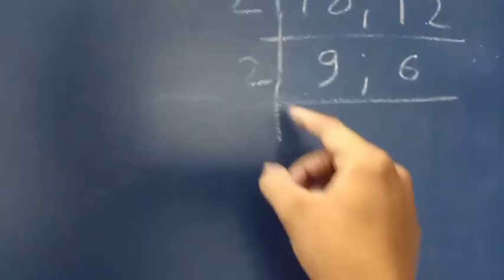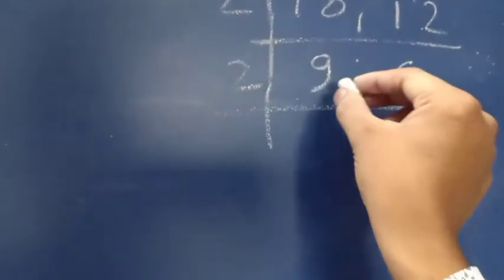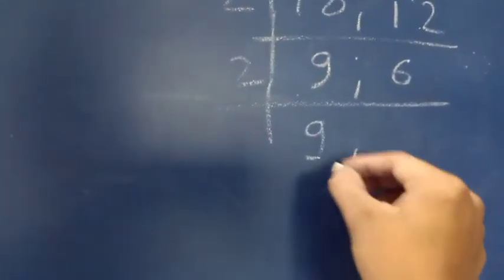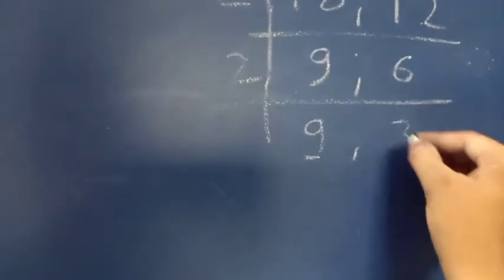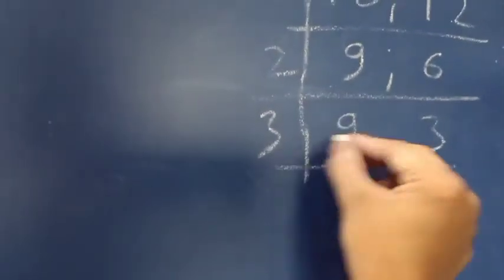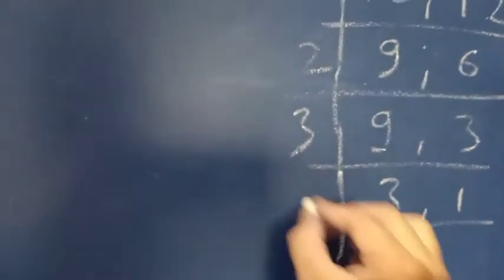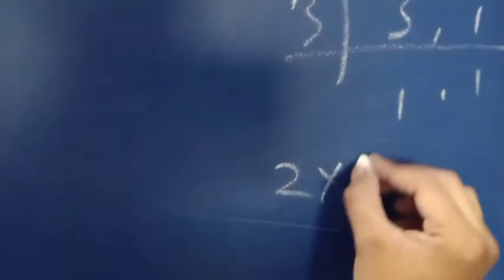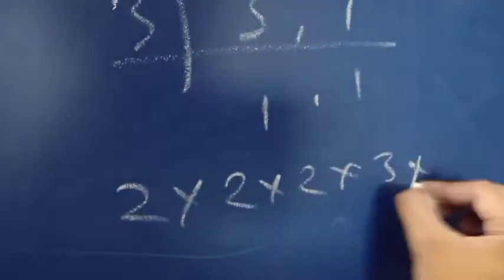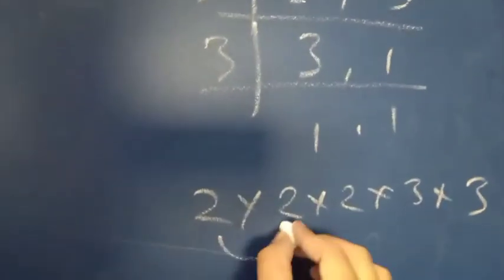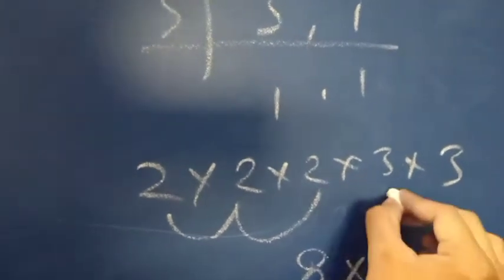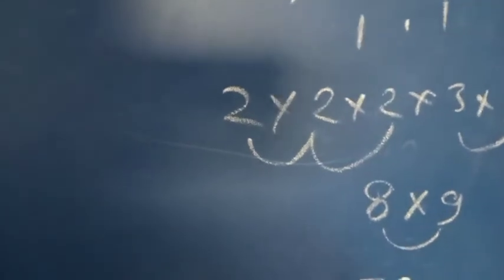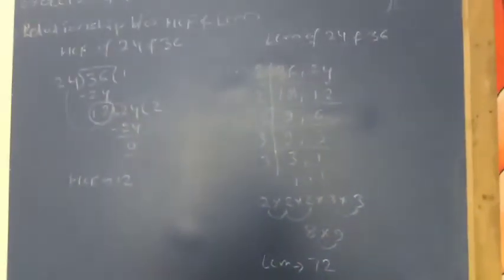Again from 2, 9 is not in the table of 2, so 9 as it is. 2 3 ja 6, then 3 3 ja 9, 3 1 ja 3, then 3 1 ja 3. Finally we get 2 2 2 and 3 3 as factors. 2 2 ja 4 and 4 2 ja 8. Now 3 3 ja 9 and 9 8 ja 72 as the LCM. I hope you got it.